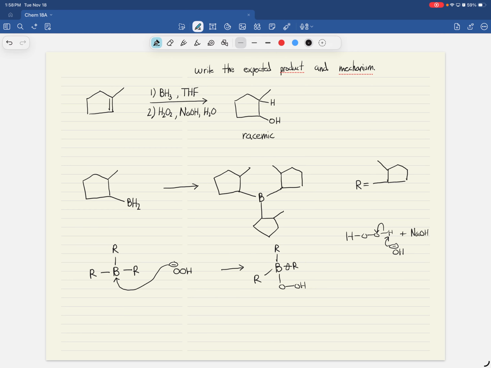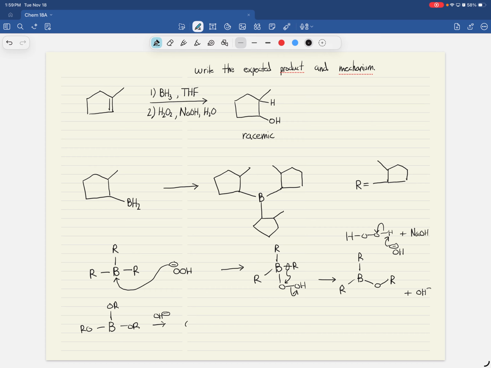So here we have R attacking the first oxygen and breaking off hydroxide. So you get boron. Okay, but eventually the boron will have 3 R groups. So eventually you'll get 3 OR groups. And if you just write OH minus here and just write the product, that's fine with me.